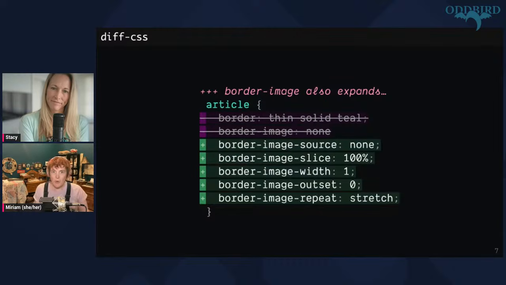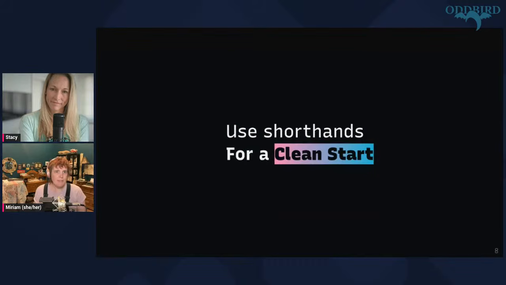There's a lot going on behind shorthands. So that might feel risky if we're just trying to make little adjustments and we don't want to override everything. But it's also extremely useful if we do want a fresh start.